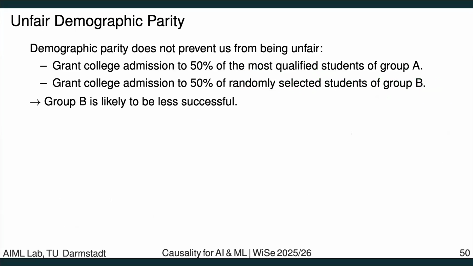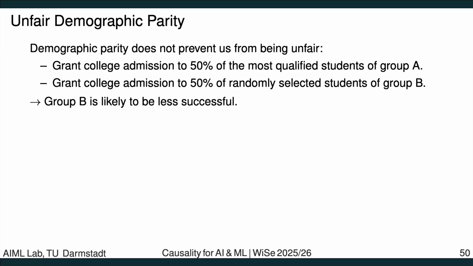But somehow this can be unfair if we think about it, right? So let's say we have some groups of people that we want to grant college admission to, and they have a particular but different set of protected attributes. For the first group, we just select the 50% most qualified people according to some metric. But for the second group, we just randomly select people.